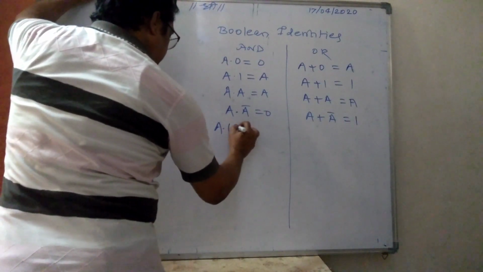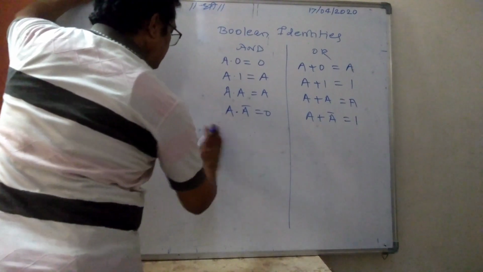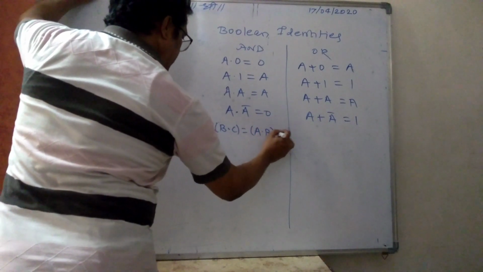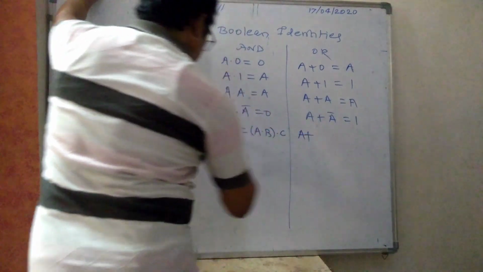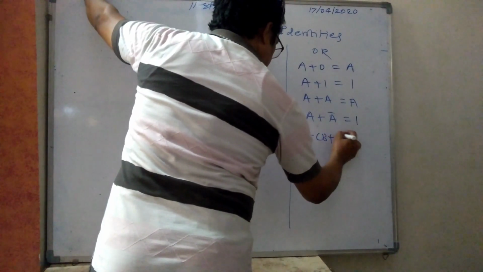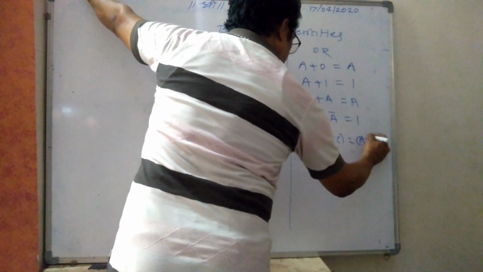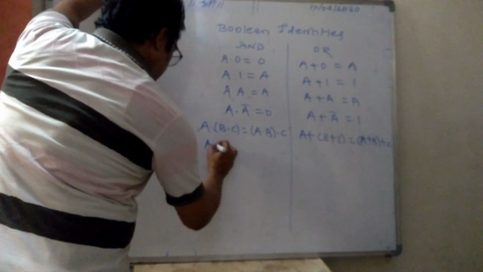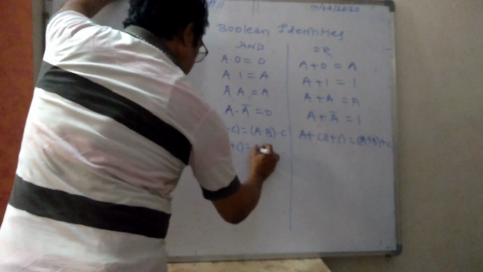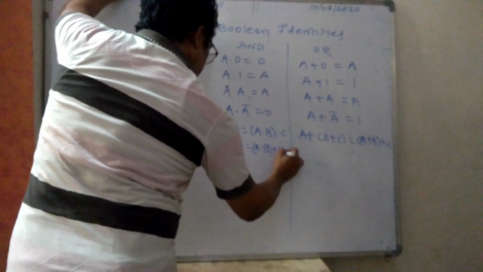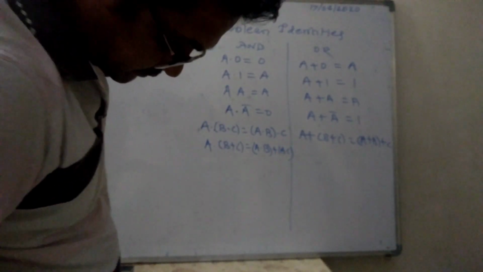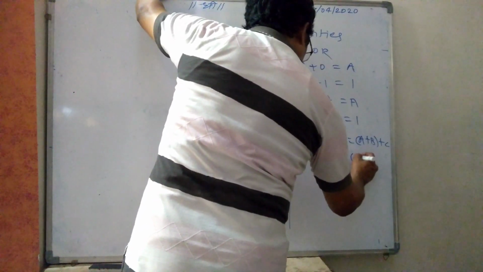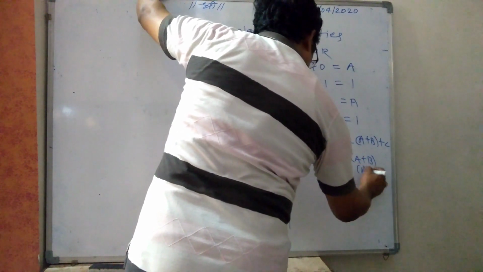Then A dot B dot C is equal to A dot B dot C. To this side, A plus B plus C is equal to the same way, A plus B plus C. A dot (B plus C) is equal to A dot B plus A dot C. A plus B dot C is equal to (A plus B) dot (A plus C).